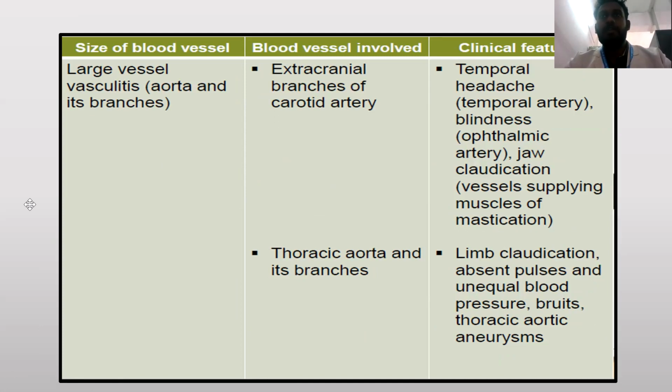So temporal headache, blindness if the ophthalmic artery is affected, and jaw claudication if the vessels supplying the muscles of mastication are affected. If it is the thoracic aorta and its branches, it can lead to limb claudication, absent pulses, unequal blood pressure, and thoracic aortic aneurysms.